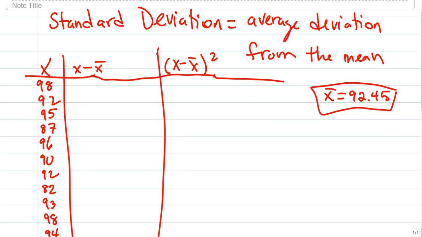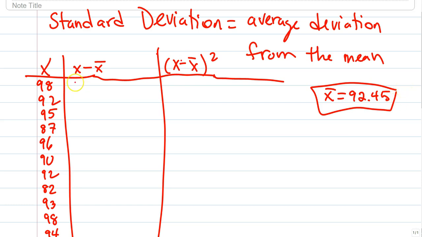When you deviate from a path, you go away from the path. So standard deviation is like the average deviation the numbers have from the mean. That sounds confusing. It's because it's the average deviation from the average. But what do we do first? Well, we find out how far each number is off from the mean, 92.45.